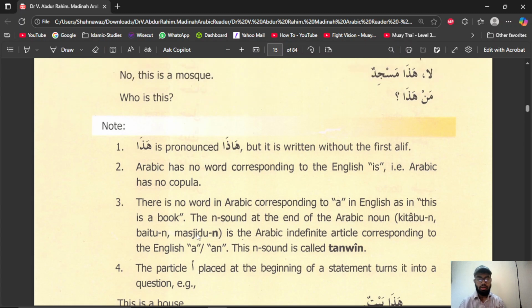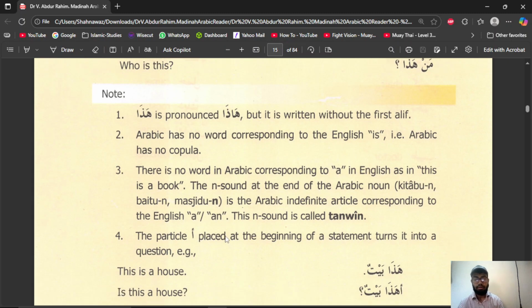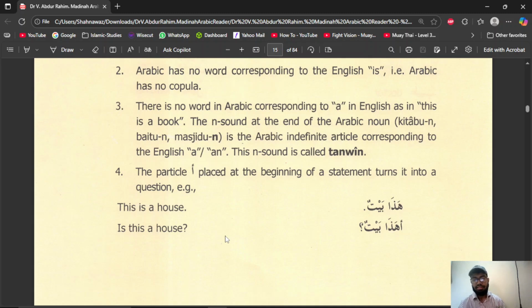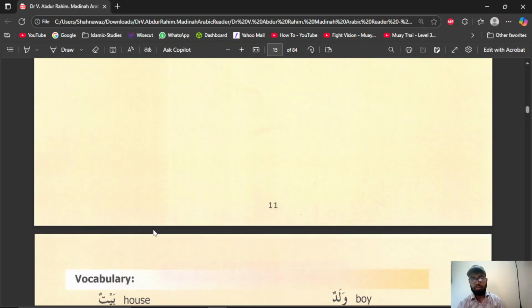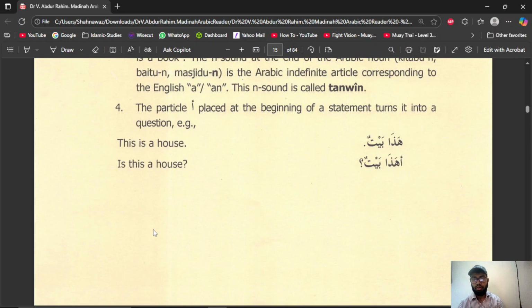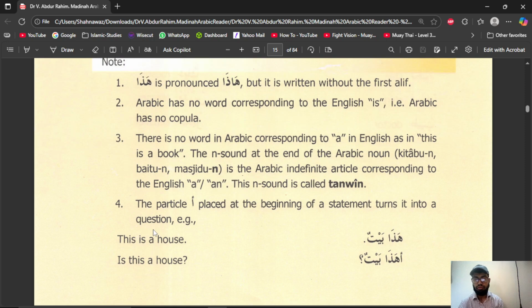The particle, I am sorry, the alif in front of "haza", for example "a-haza", placed at the beginning of a statement turns it into a question. For example, if you put it on "haza baytun", it becomes a question: "is this a house?" So those were the four points you should remember. The first is that we pronounce "hada" but write "haza".